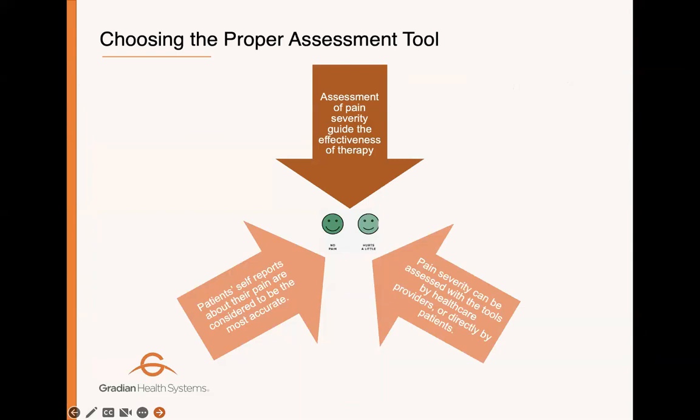And again, if the patient can communicate verbally and can follow commands, the accurate assessment tool is the self-report of the pain severity. Now we need to remember that assessment of pain severity can guide the effectiveness of our therapy. Next.